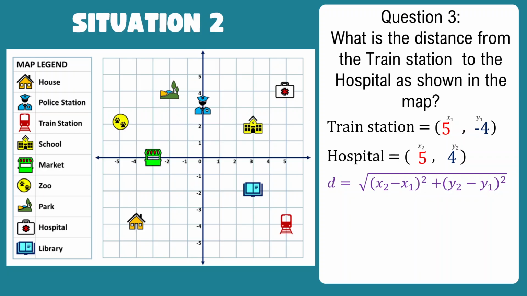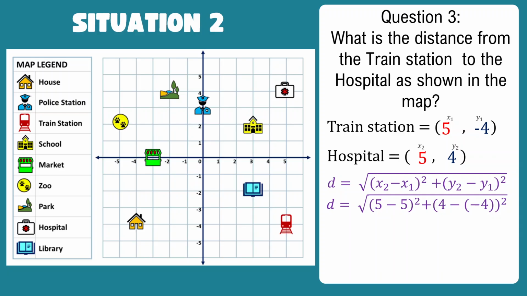Now we're going to substitute. Just copy everything and then change the variables to the specific values. So x sub 2 is 5, and then x sub 1 is also 5.